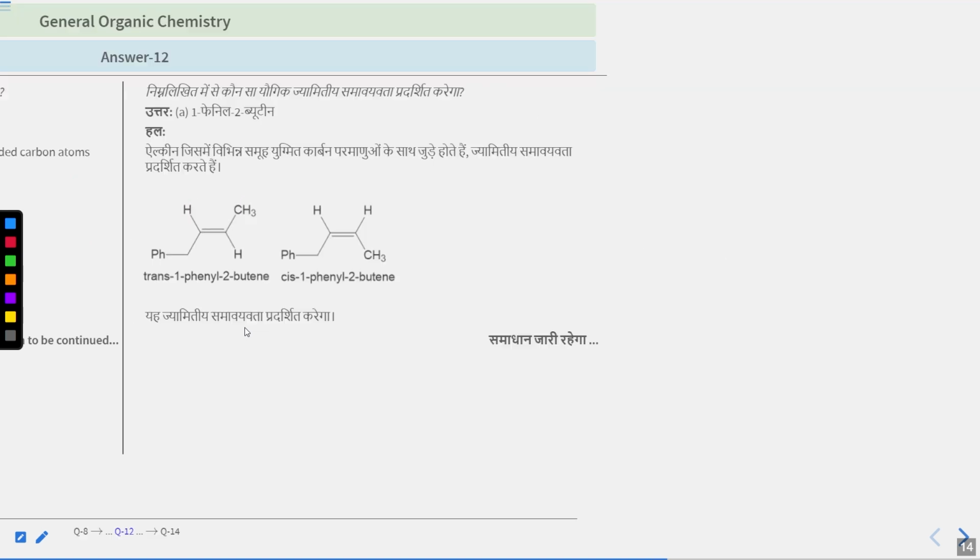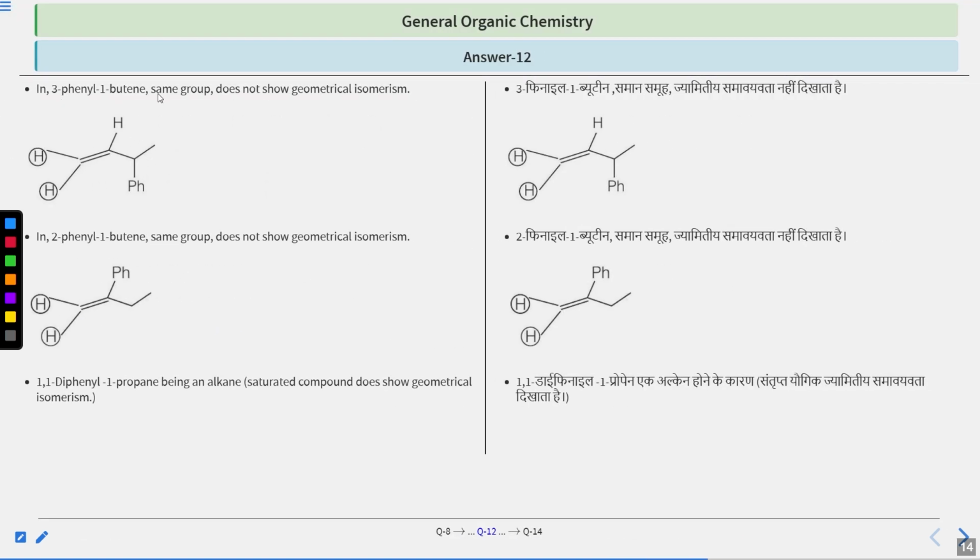Okay, and 3-phenyl-1-butene does not show geometrical isomerism, because you can see that there is a double bond between the carbons, there are two hydrogens on one side, and there is this phenyl chain.